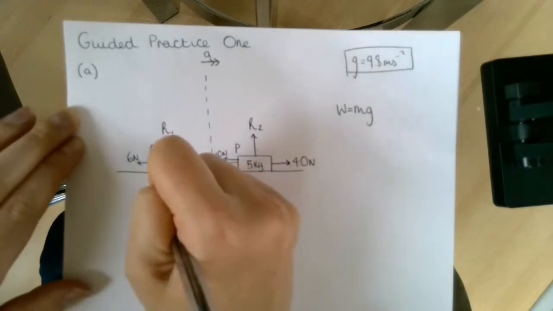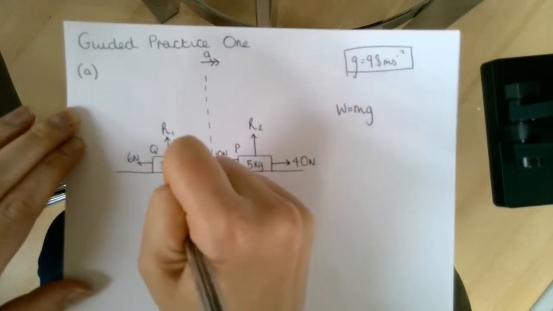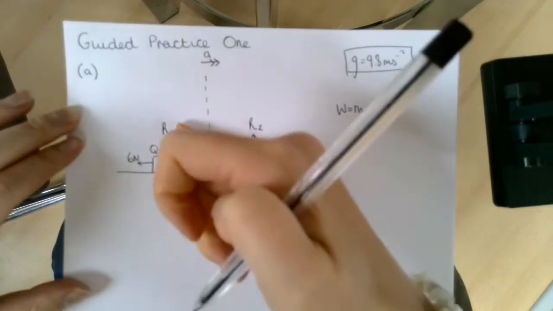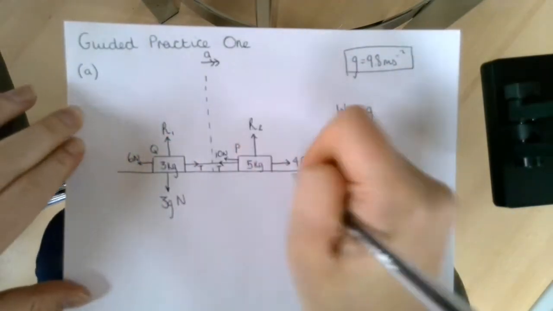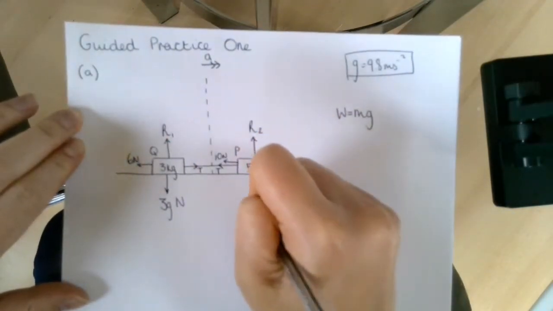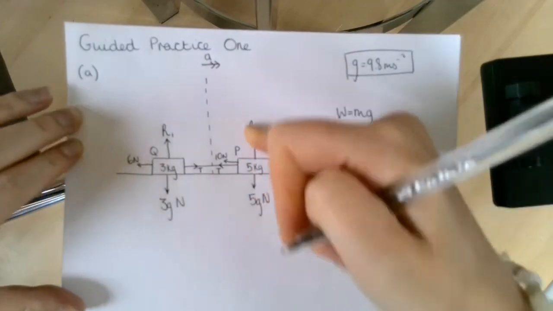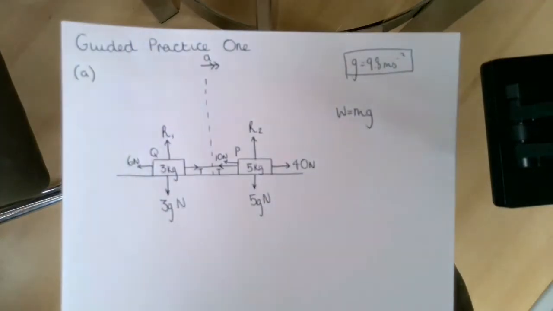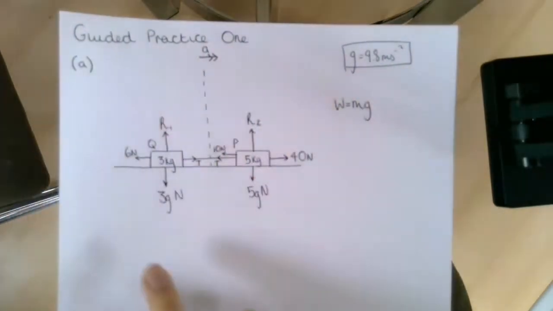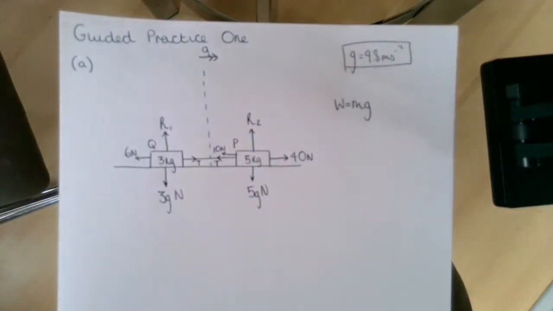So we've got 3g newtons going in the opposite direction to the normal contact force for Q, and 5g newtons going in the opposite direction to the normal contact force for P. So I've drawn my force diagram for the whole system.